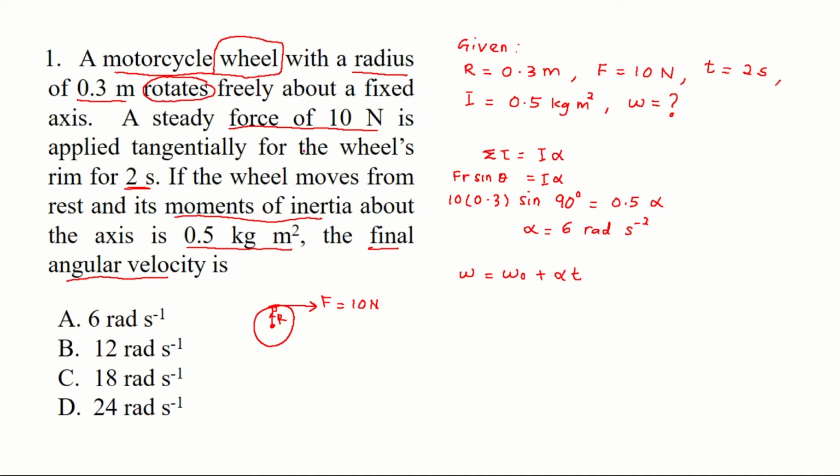The wheel moves from rest, which means omega naught equals 0. Substituting, 0 plus alpha 6 radian per second squared times t 2 seconds, you get omega equals 12 radian per second. So the answer here is B, 12 radian per second.